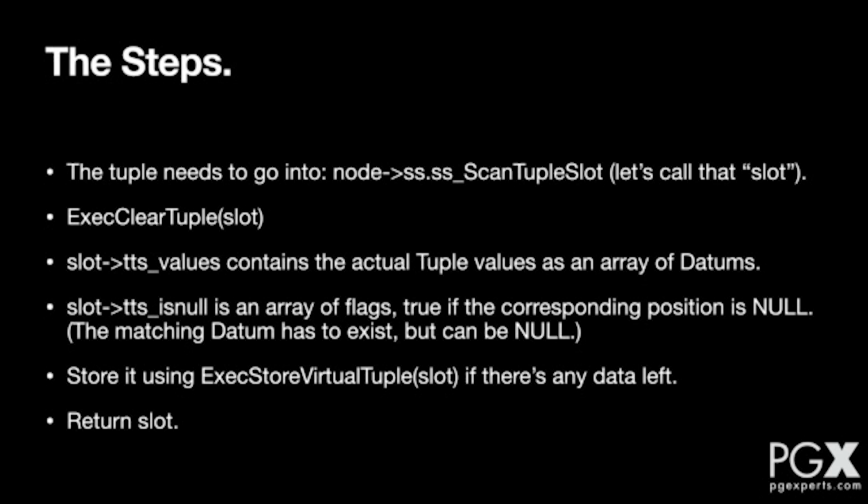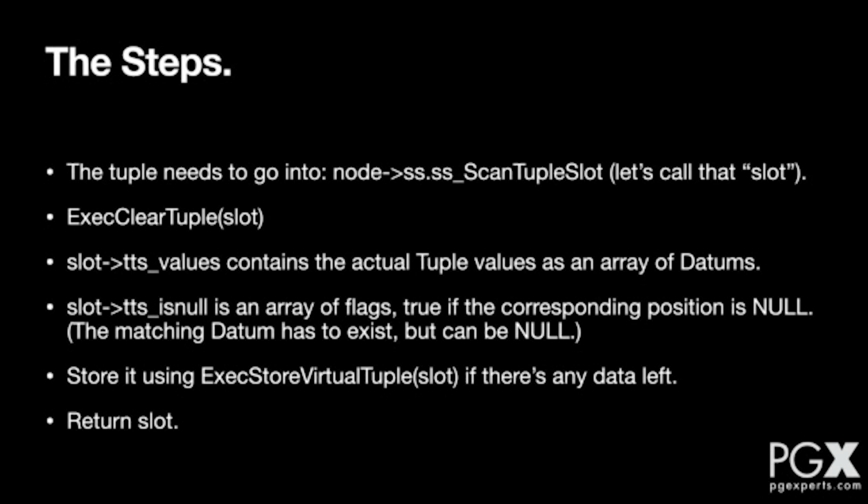There's a special place that the executor wants you to put this tuple, which is in the node structure, the field SS, the subfield SS scan tuple slot. We're just going to call that slot. You call this, which basically resets the value of it, sets it to a null tuple. Slot TTS values is an array of datums, so that's where you put the data.